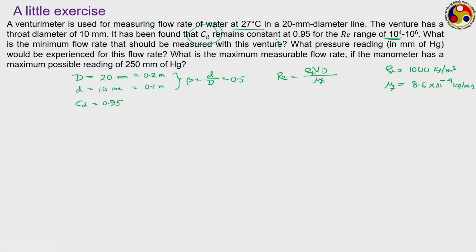So, for a given value of Reynolds number 10 to the power 4, we can calculate velocity from there, but our objective is not velocity, rather mass flow rate.